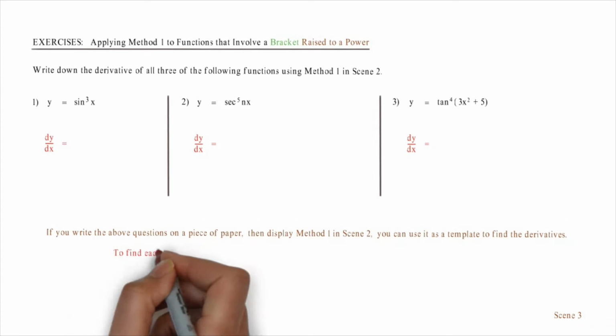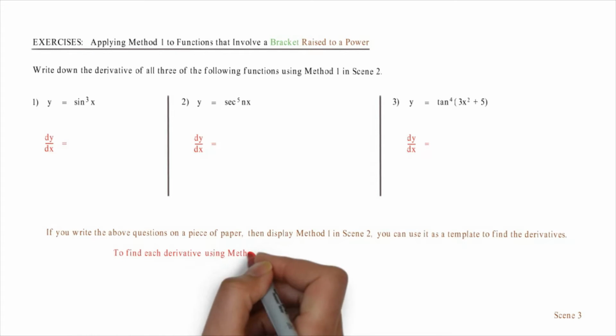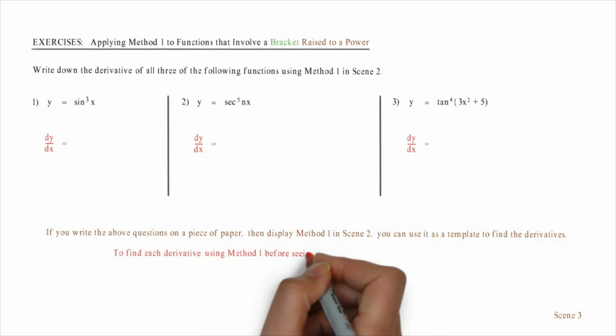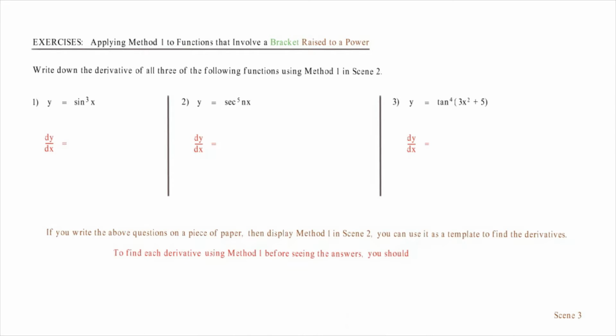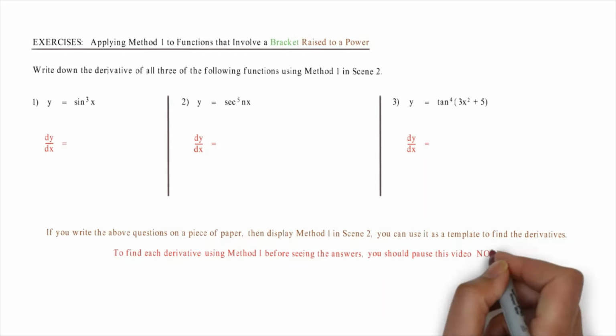To find each derivative using method 1 before seeing the answers, you should pause this video now.